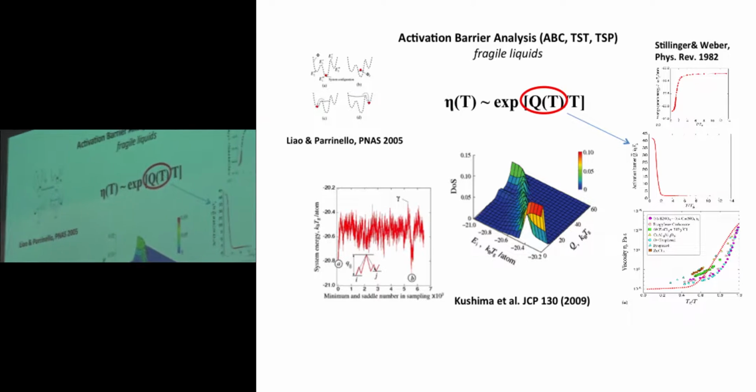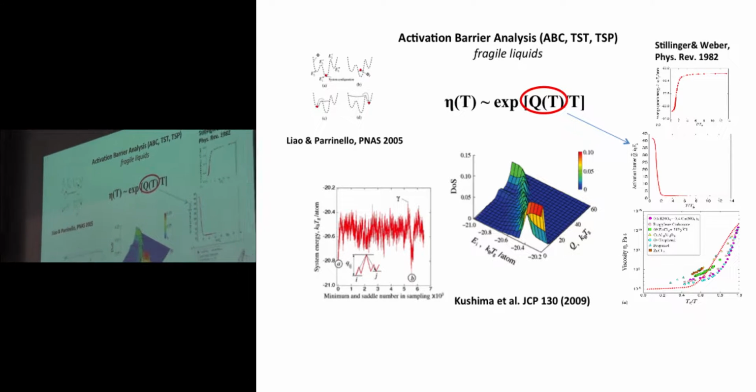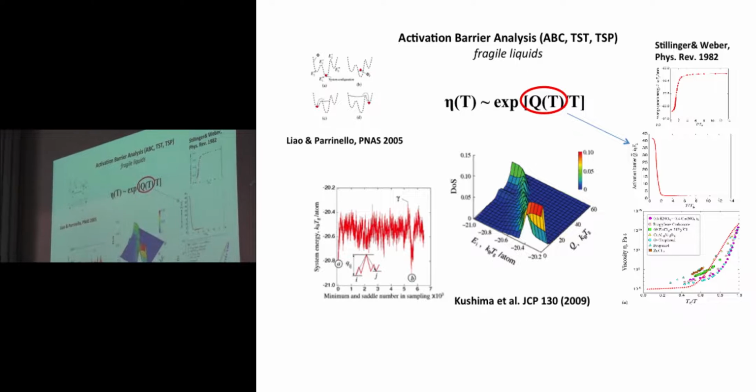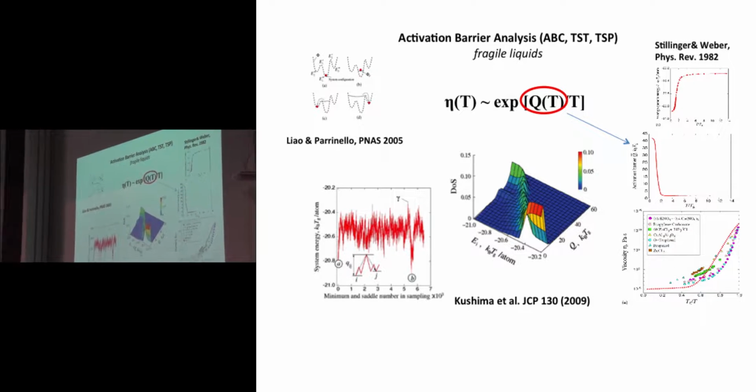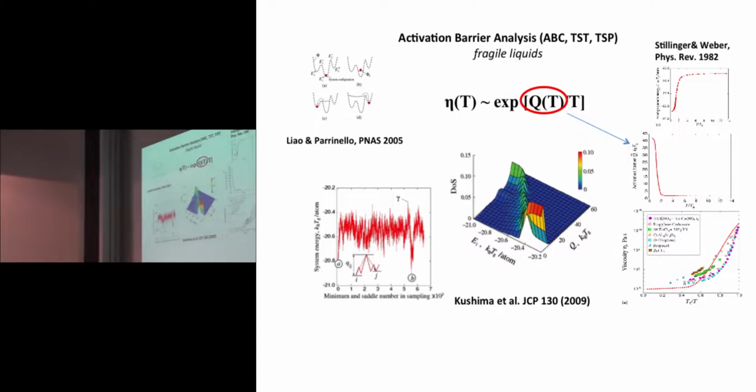You notice if Q of T is temperature independent, you just get Arrhenius behavior, and that's the strong behavior. Okay, so if you can explain the strong and the fragile behavior, then your first question is, what does Q of T look like? Is it any simpler than the viscosity?